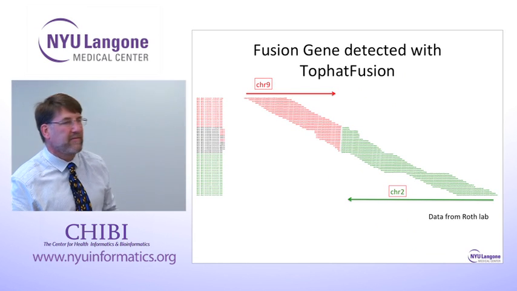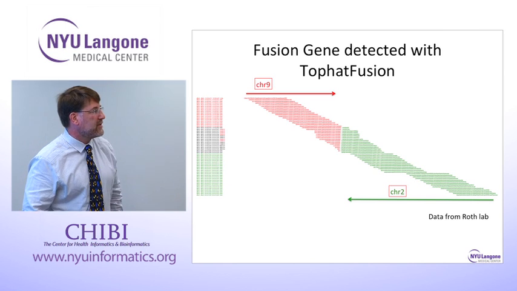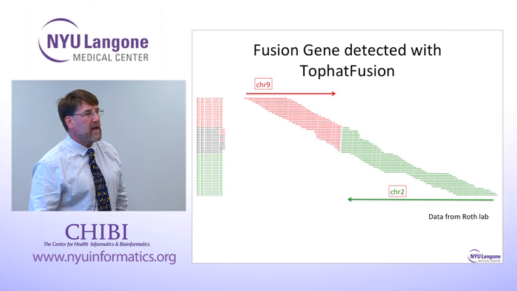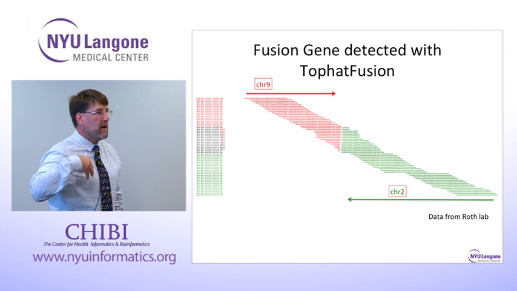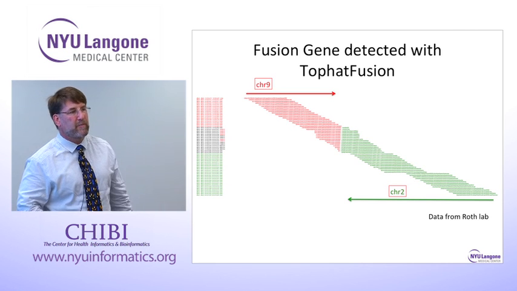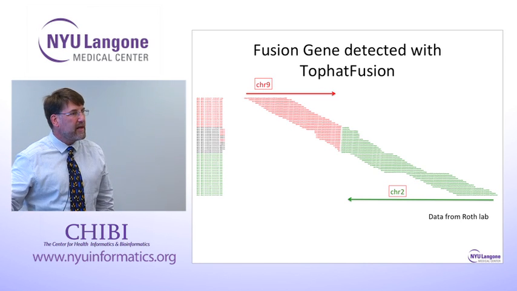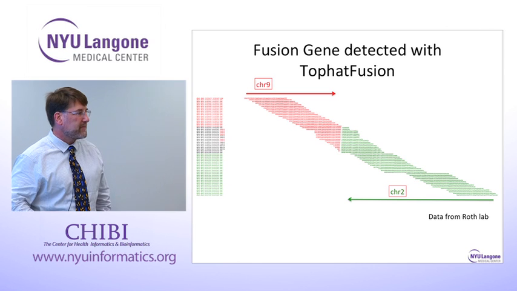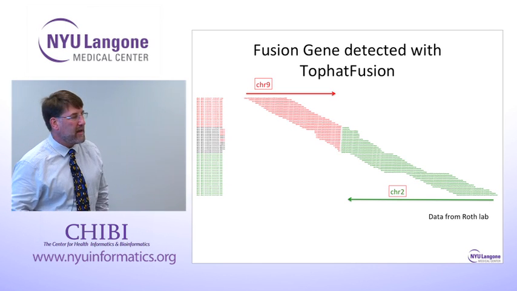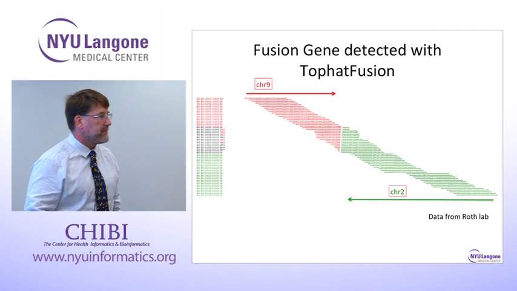And this is our data from the Roth lab, where we ran this on some RNA from mice that were known to have tumors that were induced for fusion genes. They're set up to produce fusion genes. And we were able to find some and validate them by PCR. So we're really excited about this, and we're running as many RNA samples as we can through this algorithm right now.